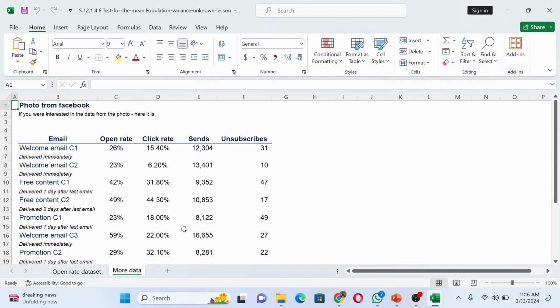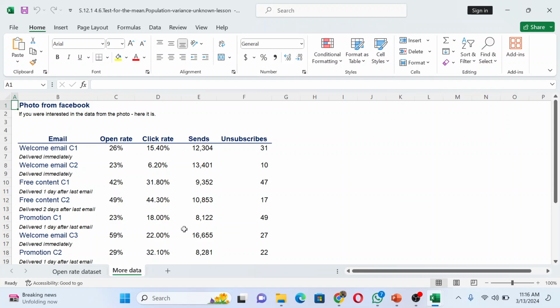So your manager has told you that your open rate for your email has never been more than 40%. That means it's less than or equal to 40%.